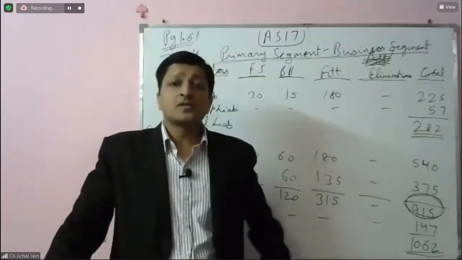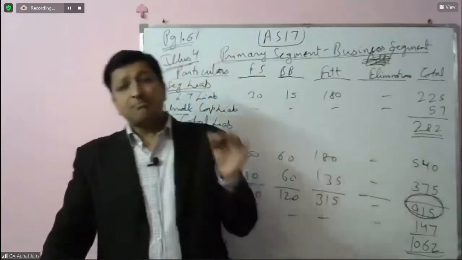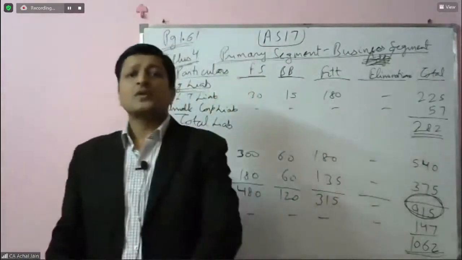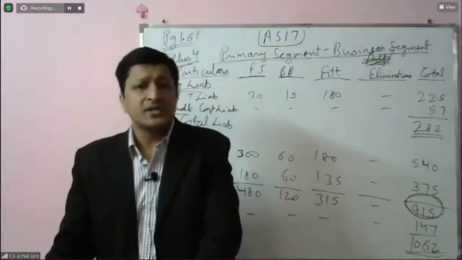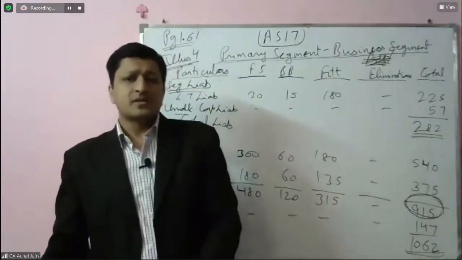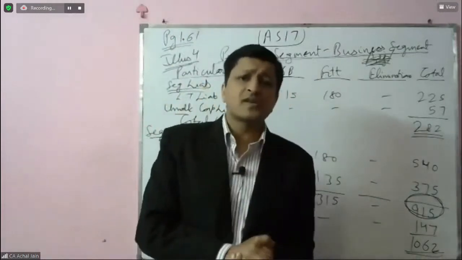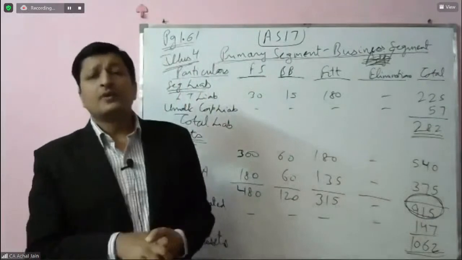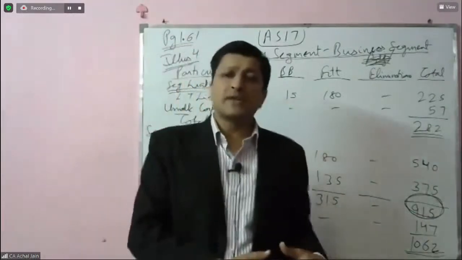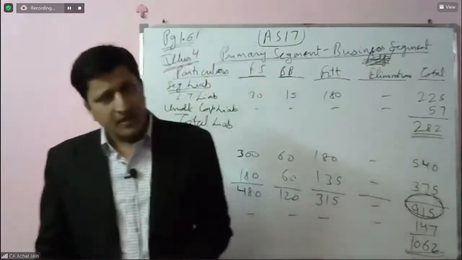This is because you don't have the complete information. Based on the information which is available, you have given the disclosure. If the question has limited information, there is absolutely no problem. Do you think we have covered each and every disclosure required by the standard? No. Why? Because we'll give the disclosure only to the extent information is available in the question. So don't worry about it.